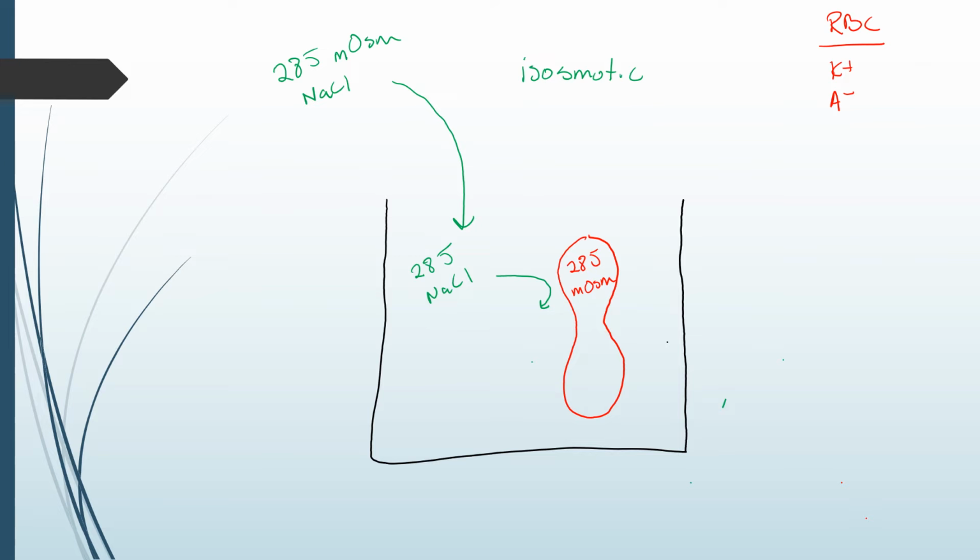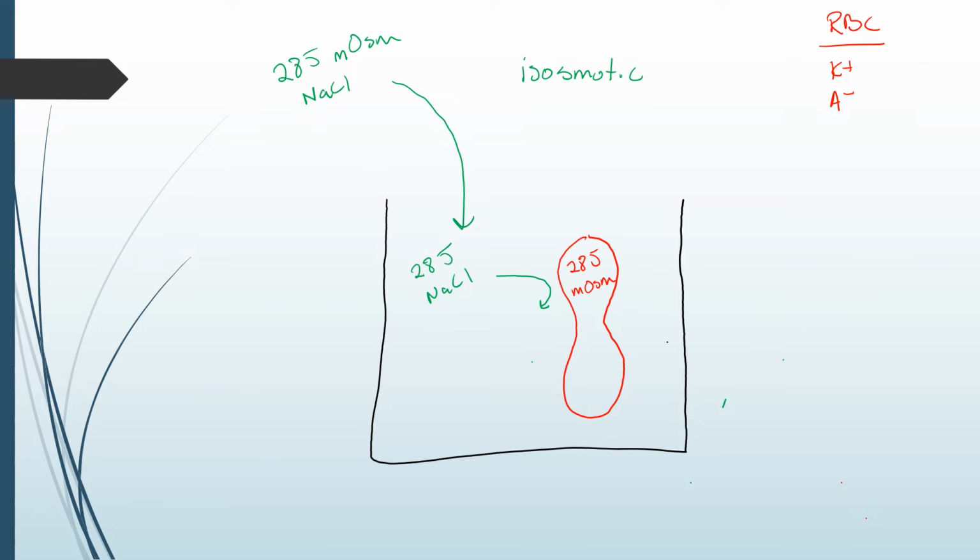Now, my third question is, what is the tonicity? The tonicity, if you recall, is really asking what happens to the red blood cell in the presence of that solution. Is it going to get larger? Is it going to shrink? And that all has to do with whether or not water is moving. So in this case, when I've added an isosmotic solution of sodium chloride, which is an impermeant solute, is there any water shift?